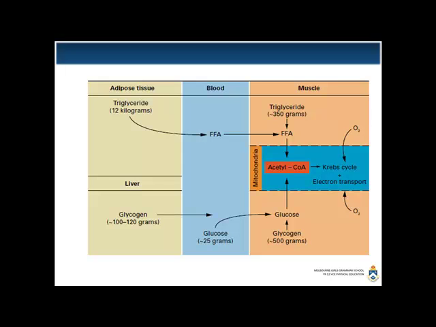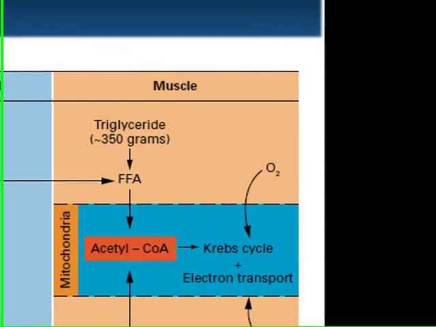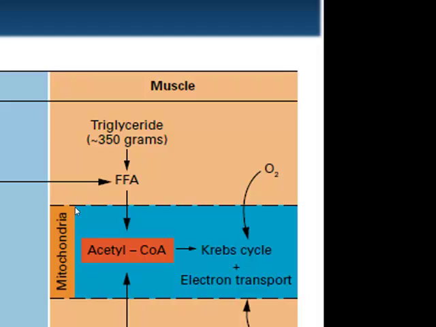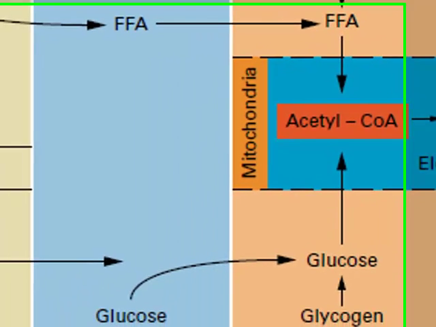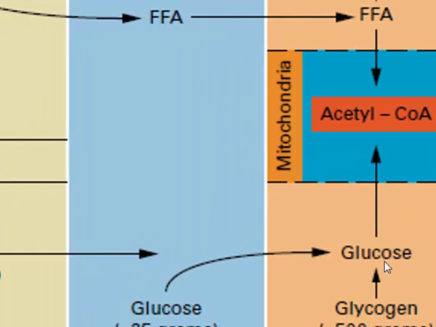You can see that free fatty acids and glucose head towards the mitochondria. The mitochondria is the part of the cell where aerobic metabolism takes place. So oxygen gets utilized, and you can see oxygen going in there. Oxygen gets utilized here for that complete breakdown of the fuel. It's not a complete breakdown at glucose and free fatty acid. You don't need to worry about acetyl-CoA.